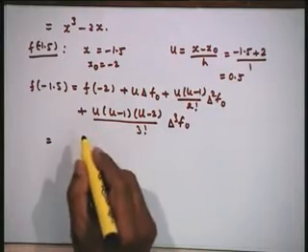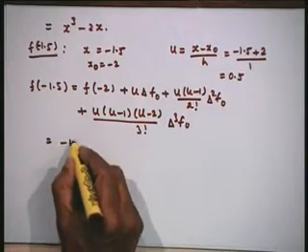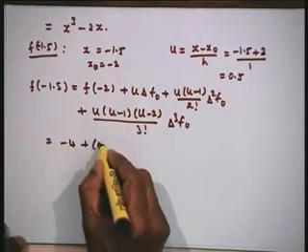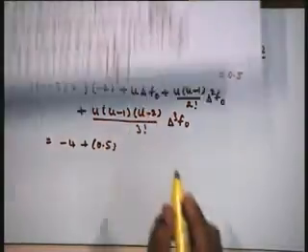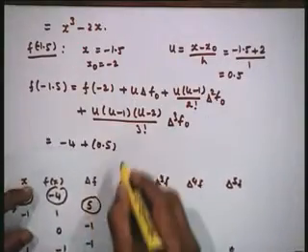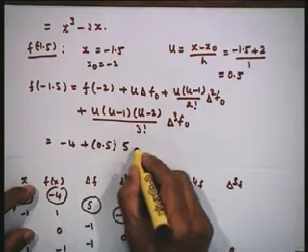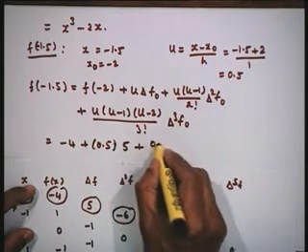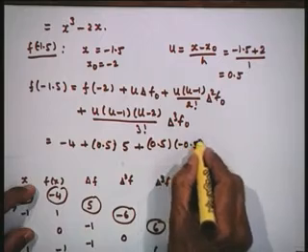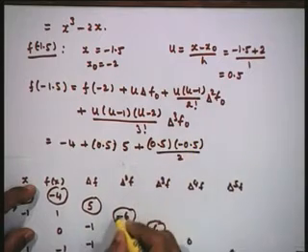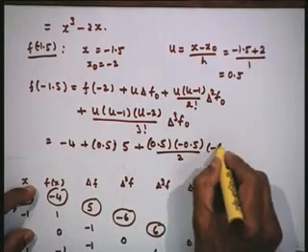Now, f of minus 2 is given as minus 4, u is 0.5, delta f naught we will take from here, that is 5, plus 0.5 into u minus 1, that is minus 0.5, by 2 into delta squared f naught, which is minus 6.